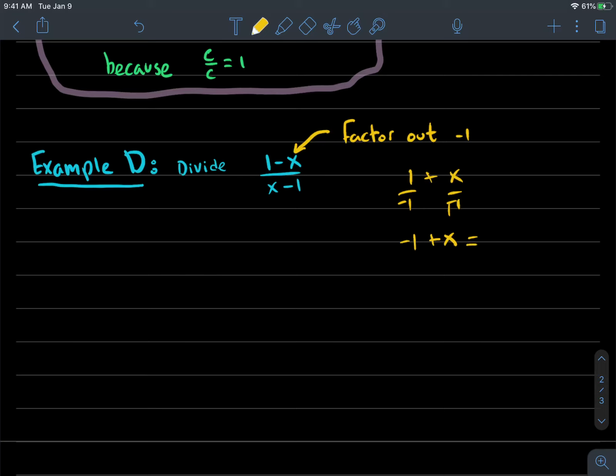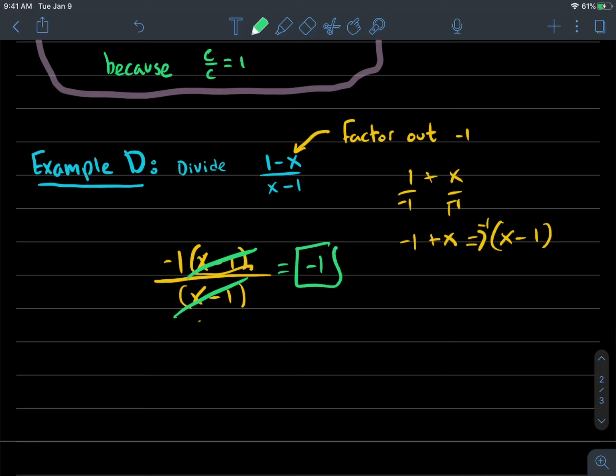And we can rewrite that as x minus 1, and then this is times -1. So when we rewrite this, it's going to be x minus 1 times -1 over x minus 1. And notice how we have an x minus 1 here and an x minus 1 there. We could just cancel those out. So our answer is -1.